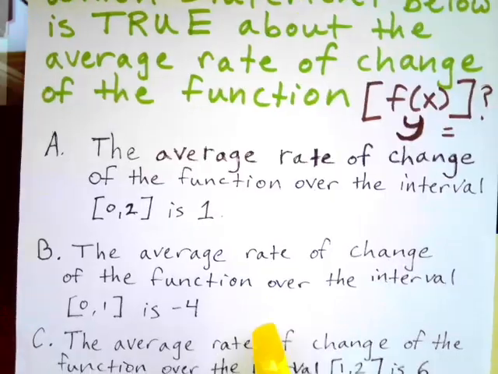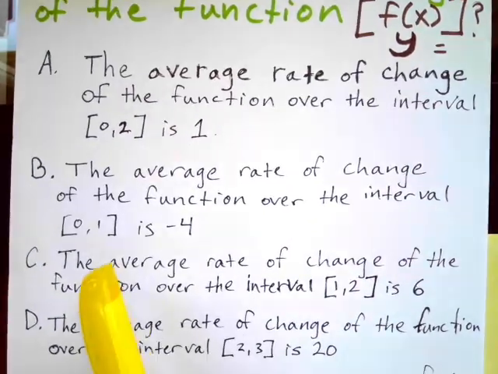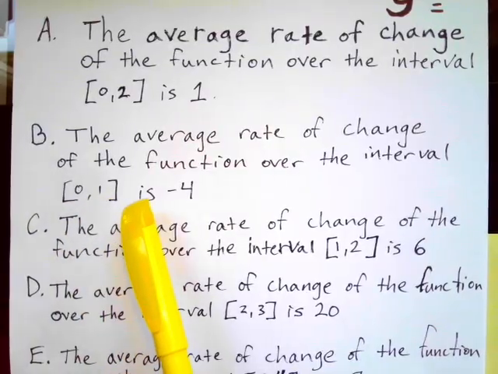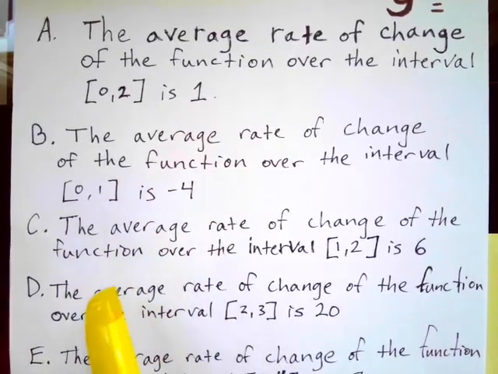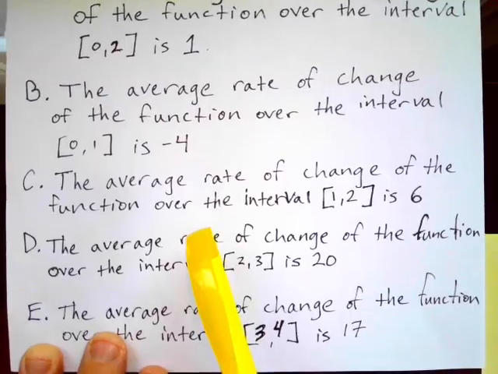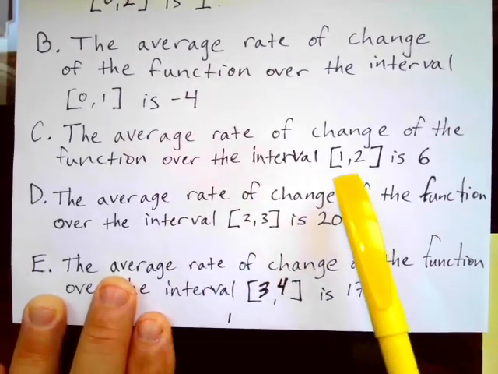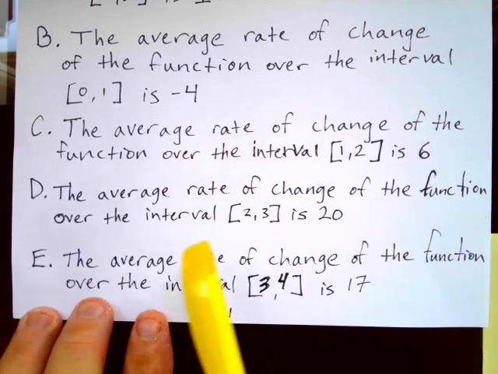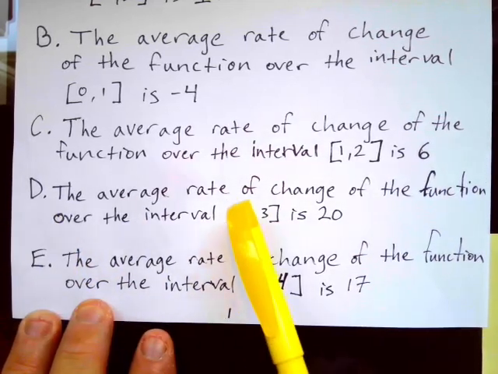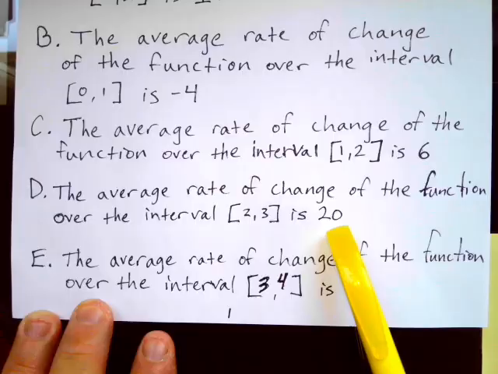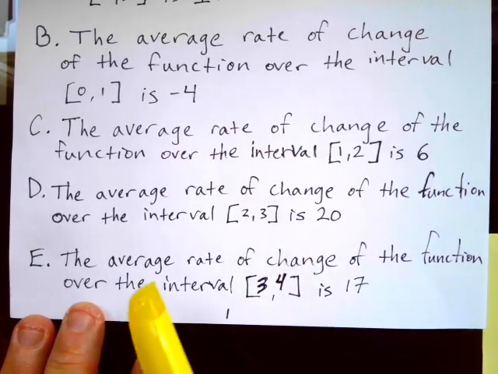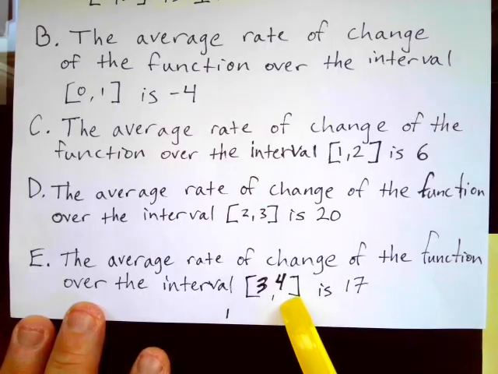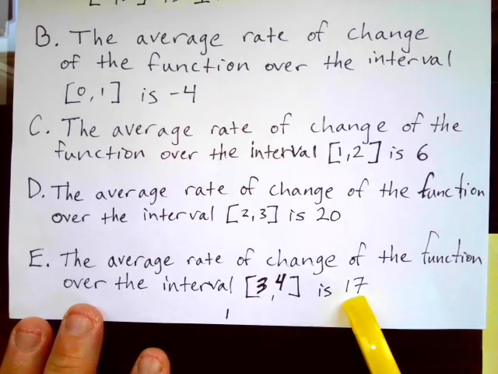And then for B, it's the exact same sentence. For values in the bracket, [0, 1] is -4. For C, it's the same sentence, but inside the brackets you have [1, 2] is 6. For D, [2, 3] inside the brackets is 20. And E, values inside the brackets are 3 and 4, is 17.